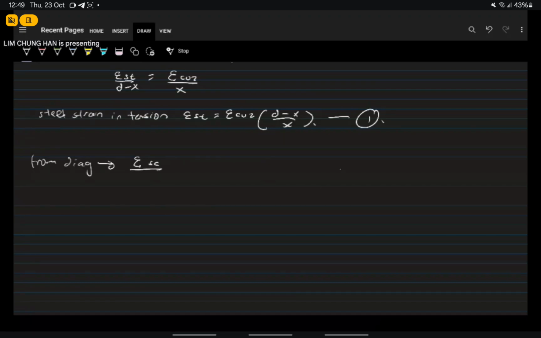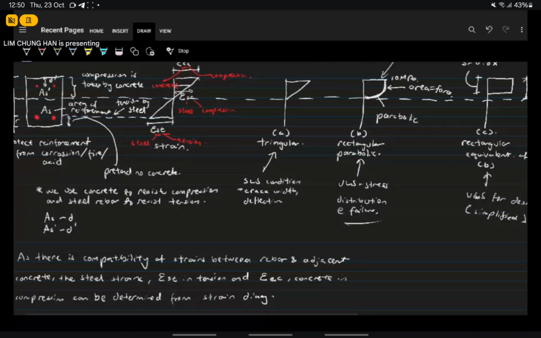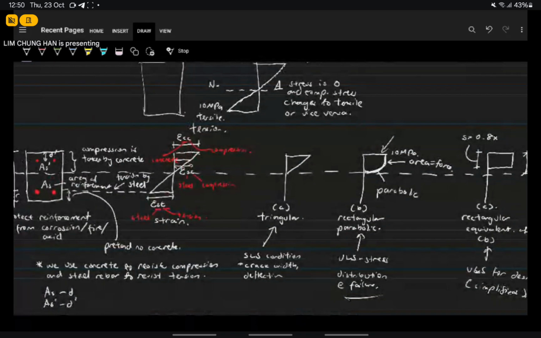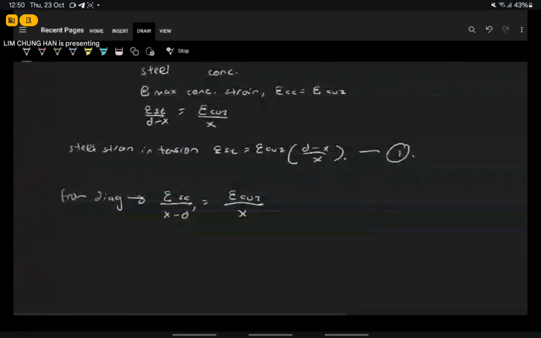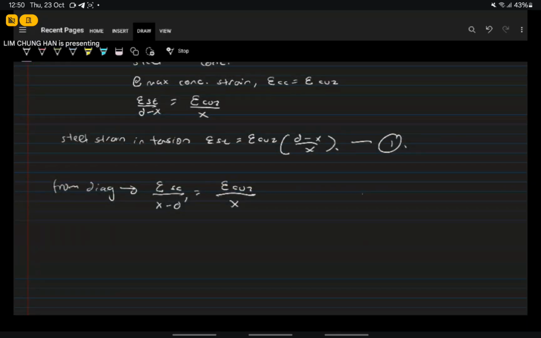Epsilon sc is equal to epsilon cu2 times x, from this diagram, this relationship.